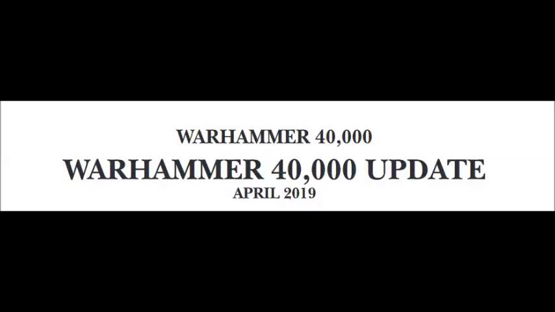Right. So, finalised matched play rules. Bolter Discipline. I actually think Bolter Discipline is absolutely fine the way it is, but let's see why they've changed it. Bolter Discipline was introduced as a beta in the February issue of White Dwarf. We've received a lot of feedback about this rule. It's clear that the original wording has led to some unintended consequences.